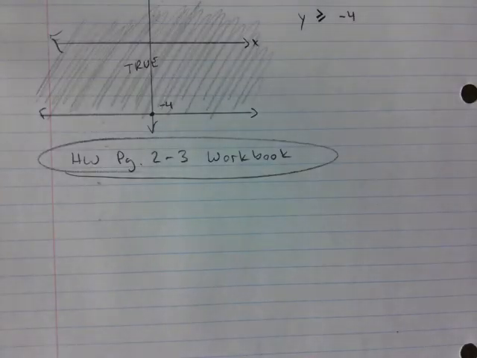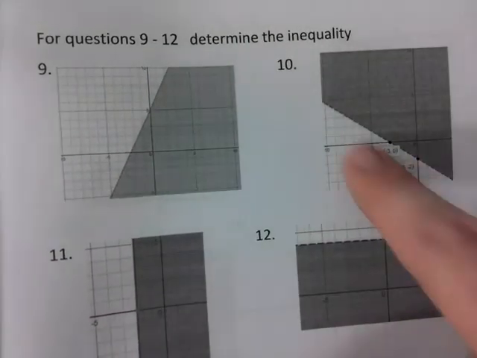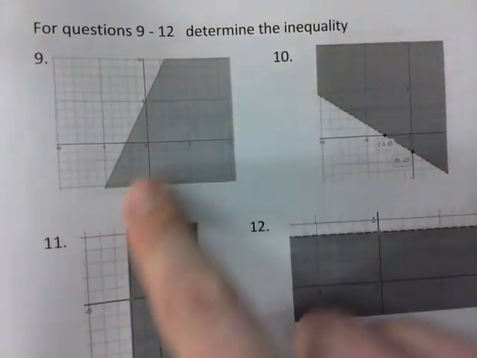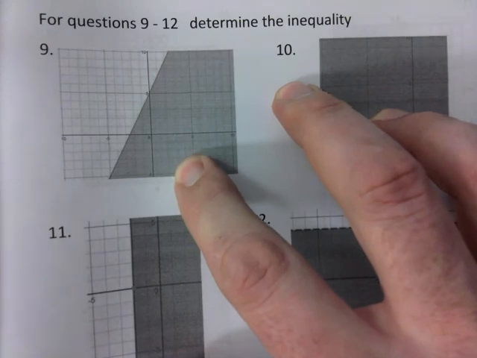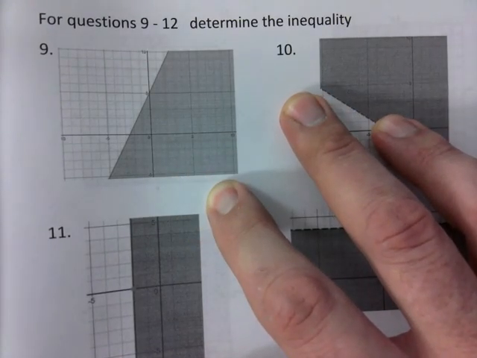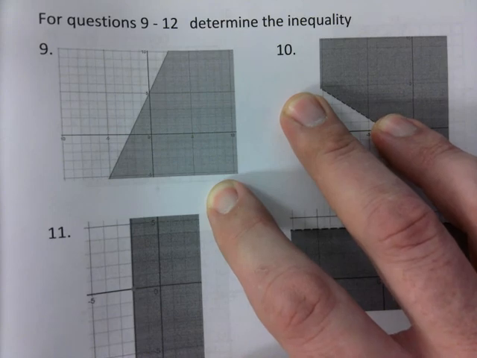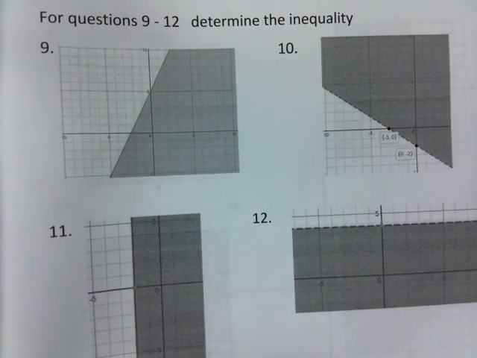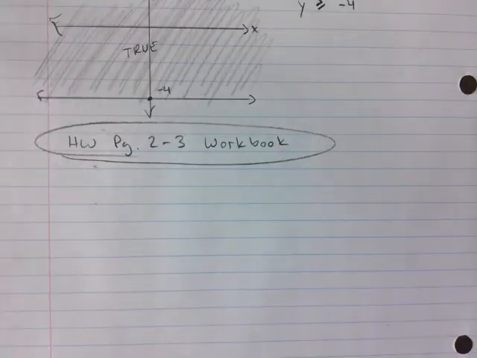And there's also graphs, and I want you to figure out the inequalities for them. My key probably does it a little differently, but your final answer will be the same as if you follow my steps here, okay? So just focus on that. Okay. So pages 2 and 3, you can start today.